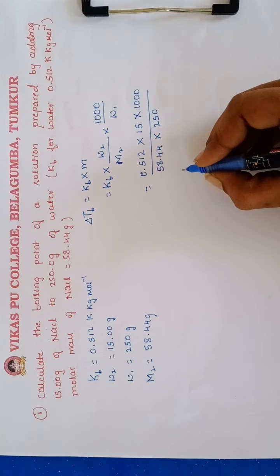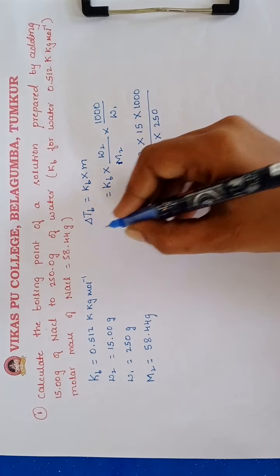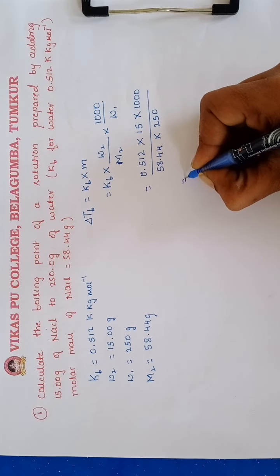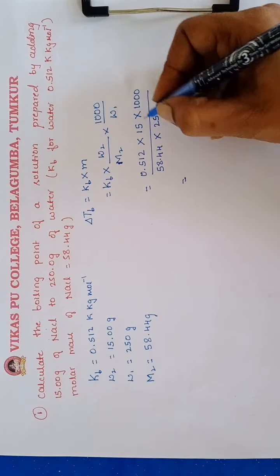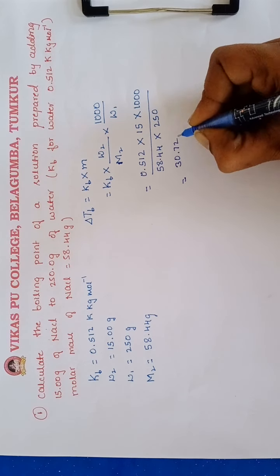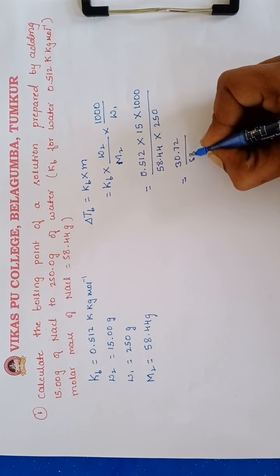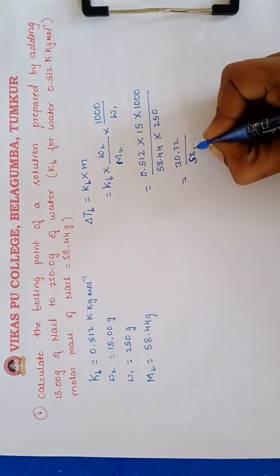On calculating this, multiplying the numerator we get 30.72, divided by the denominator.